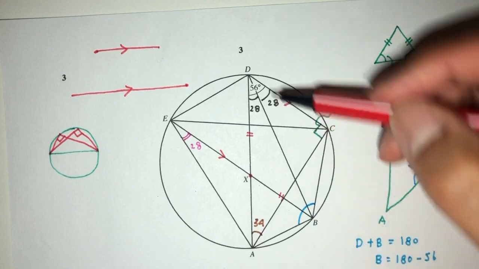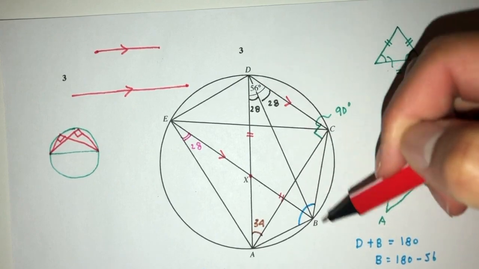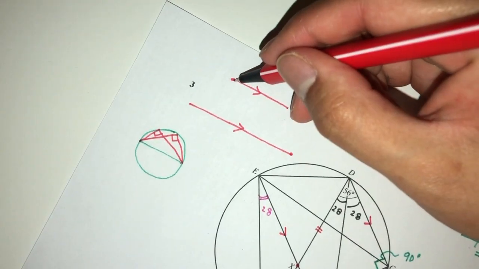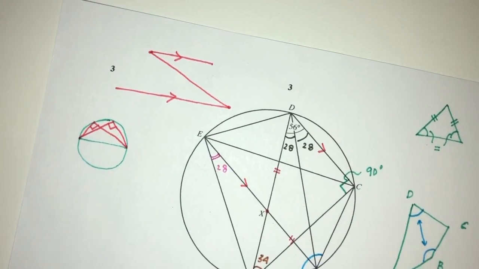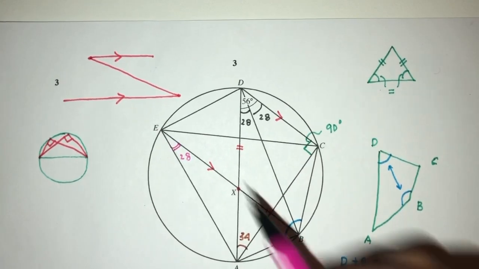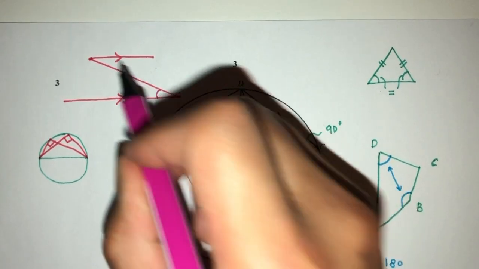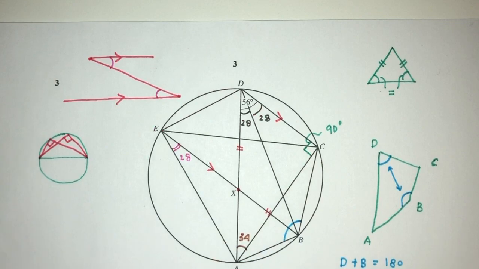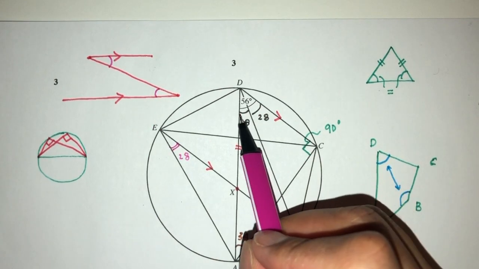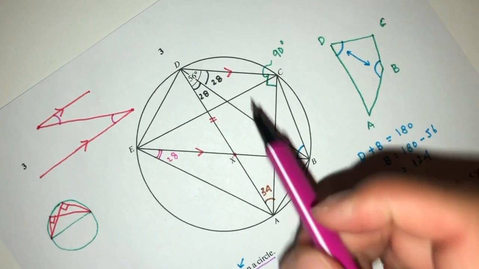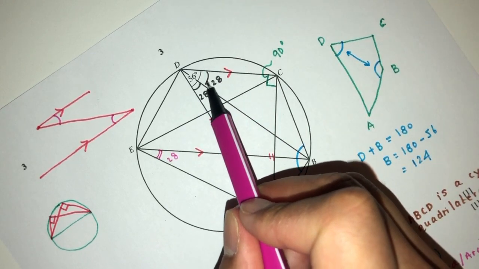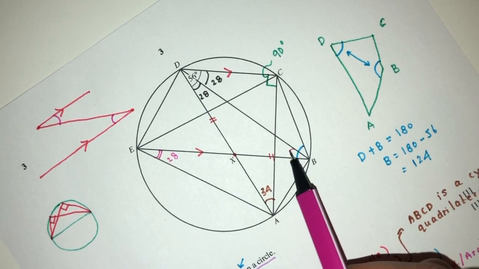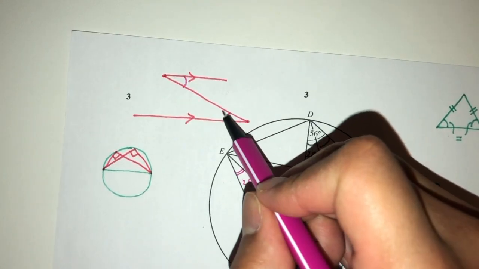Now, we can see that D and B are joined by a straight line. So they are joined by a straight line, right? And because we know that the alternate angles here have to be the same, if this is the value of 28, this will also have to be the value of 28. So because of that, this is 28.